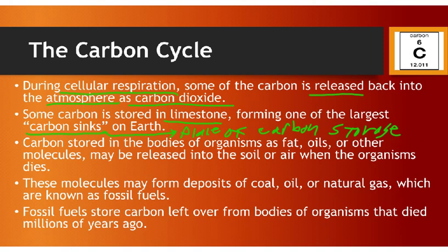All right, that is on Earth. So carbon that's not stored as fats and oils or other molecules eventually will get released into the soil or air as the organism dies and the decomposers break it down.